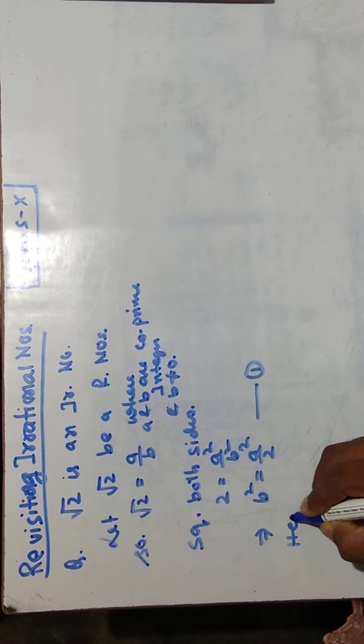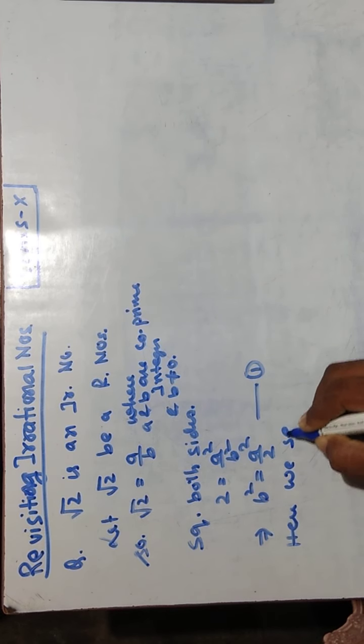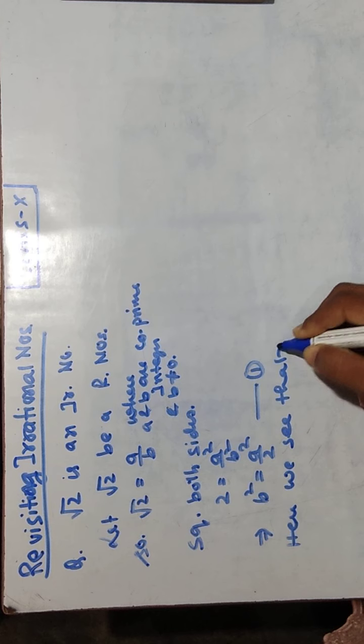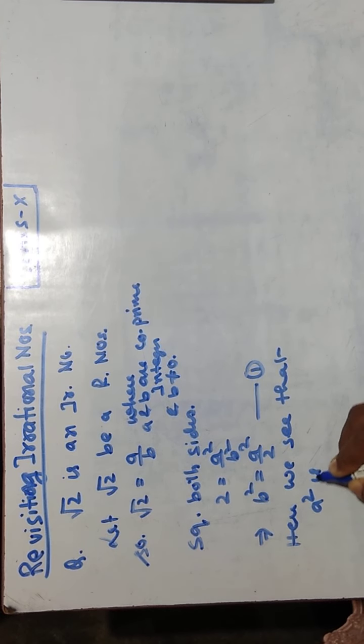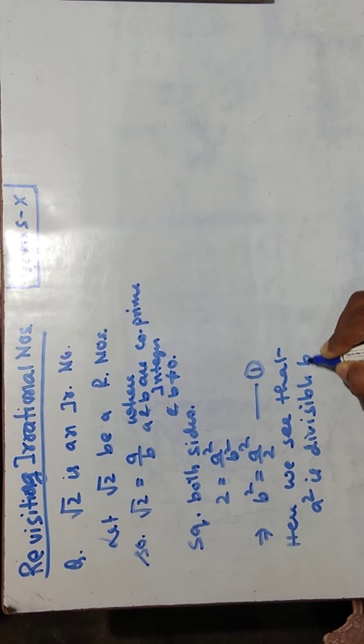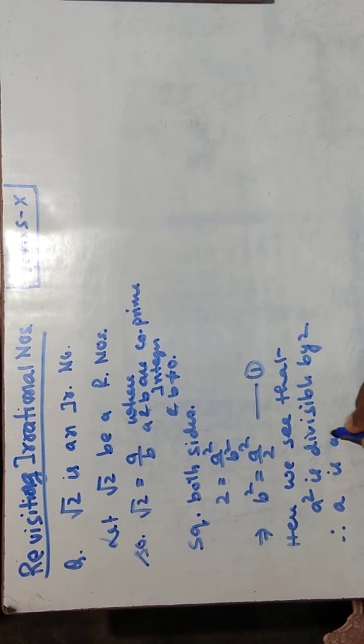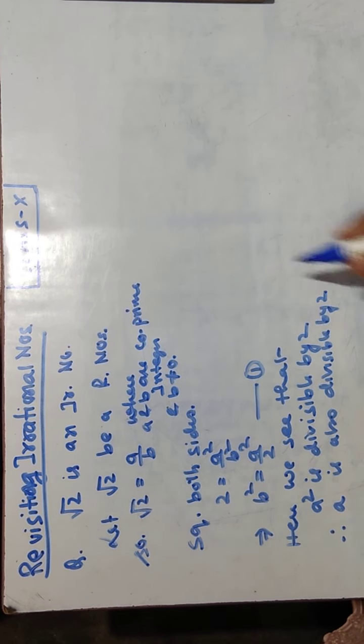Here we see that a square is divisible by 2. Therefore a is also divisible by 2.